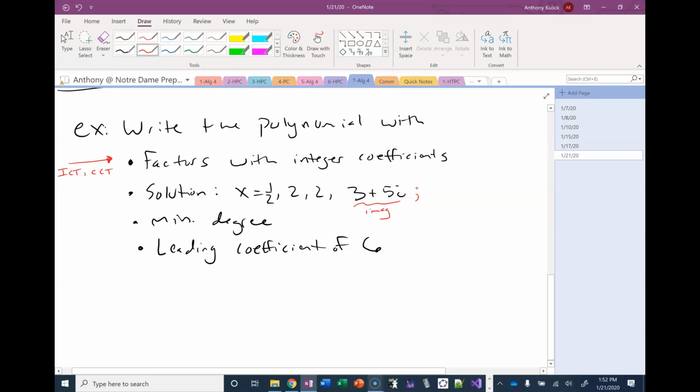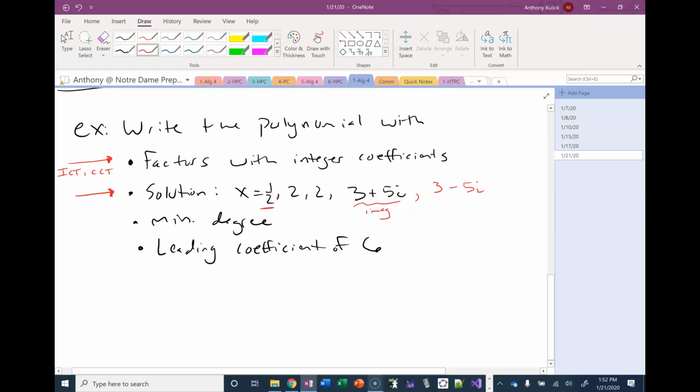So I'm going to also need its conjugate on my list. What will the conjugate of 3 plus 5i be? It'll be 3 minus 5i. Everybody okay there? Now I'm going to take these solutions and convert them to factors.